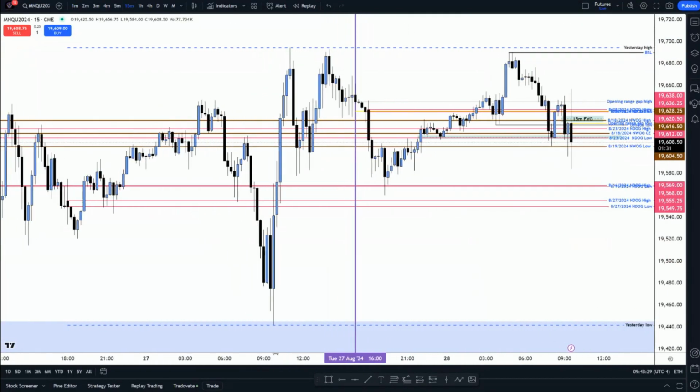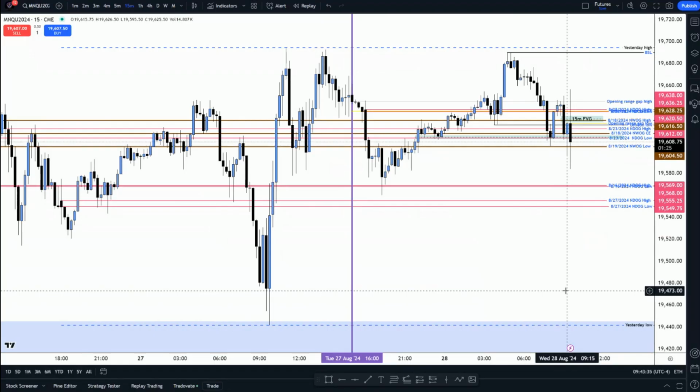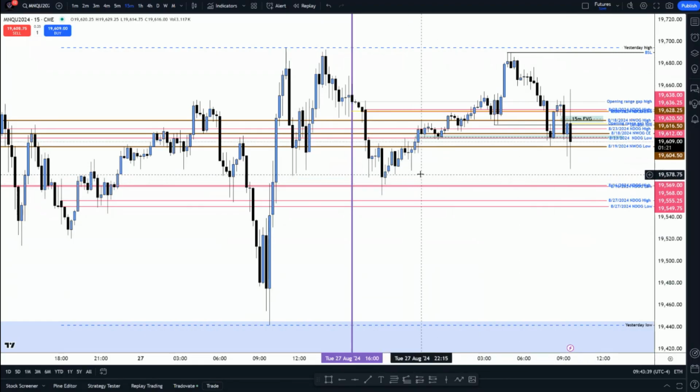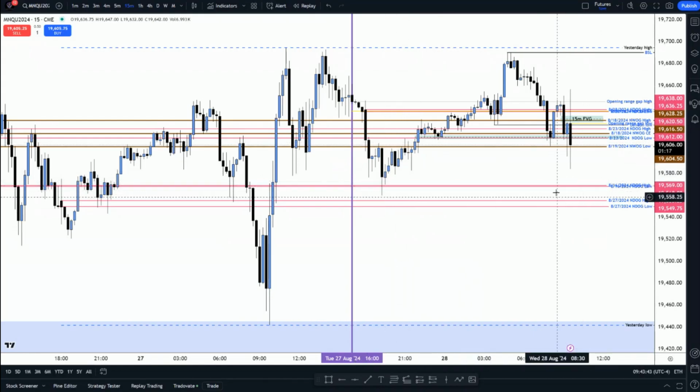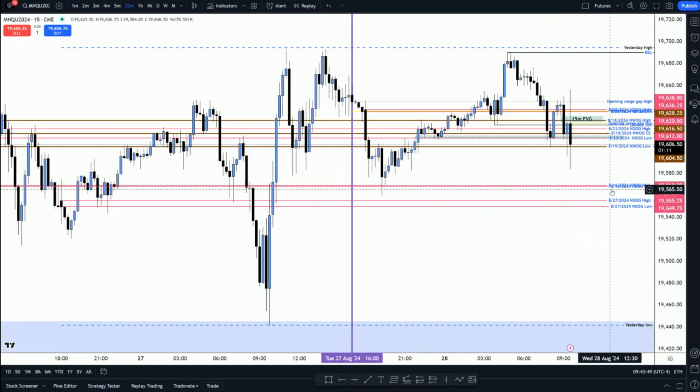The only reason it could go short is to draw down to that daily gap. And if it runs down there, then I probably just won't get a trade today. But the only reason I could really see going short is to come down here to that 1 hour gap that I showed.